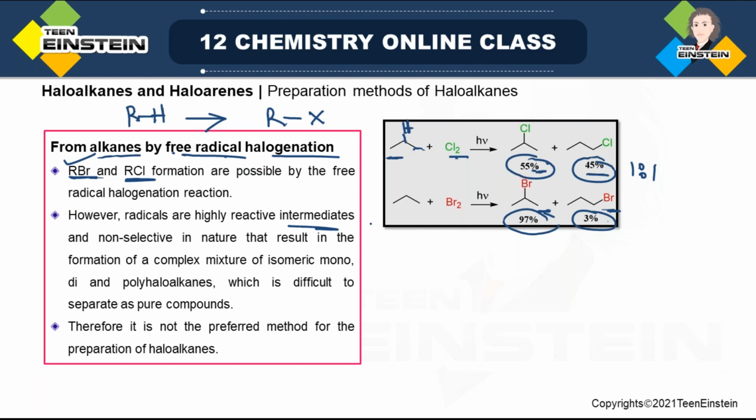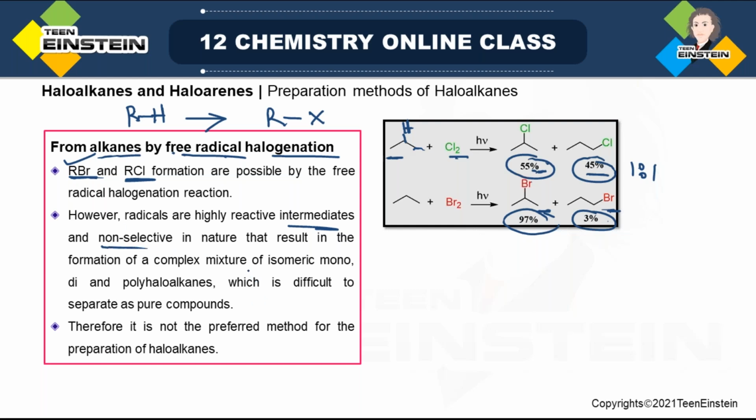When something is very reactive, that means it is very unstable. And if something is unstable, it will randomly give different types of product. If some species is stable, then only it can give some selective major product. But if the intermediate itself is so unstable, that is highly reactive, obviously you cannot expect selectivity.